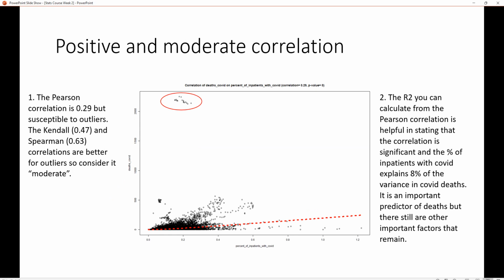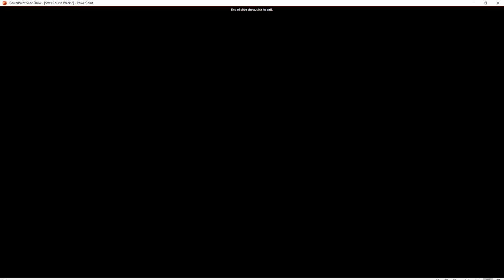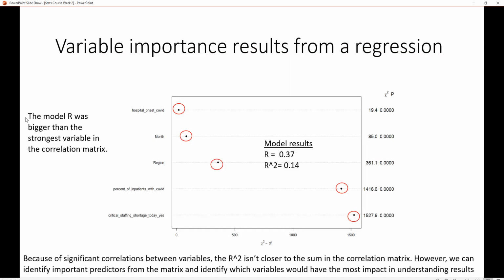We're looking at percent of inpatients with COVID and COVID deaths. So we see that from this analysis that's a moderate correlation. And what you might be left considering is that you can probably get something similar to this regression model based on picking the right variable that's correlated with your COVID deaths outcome.